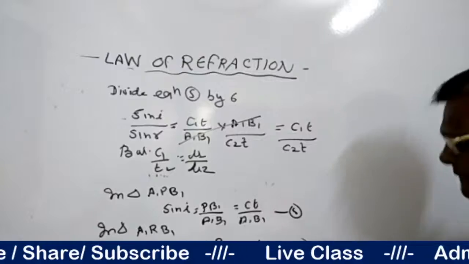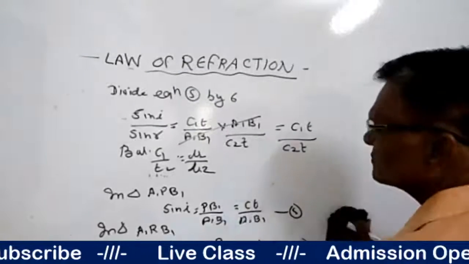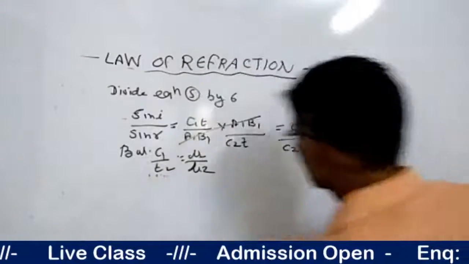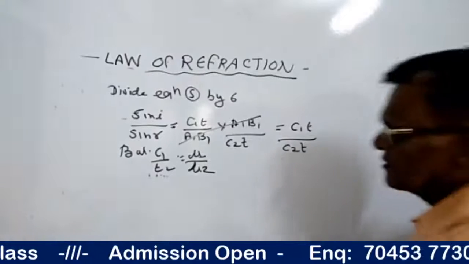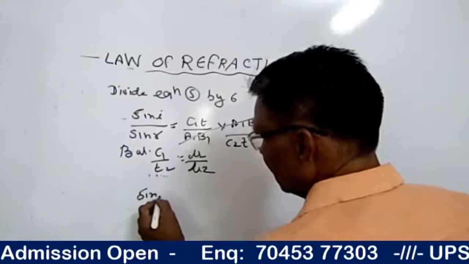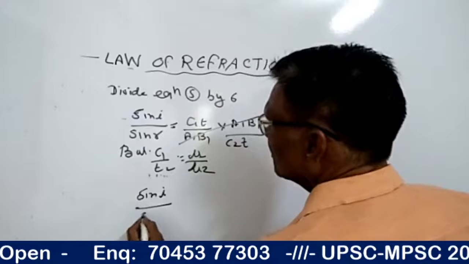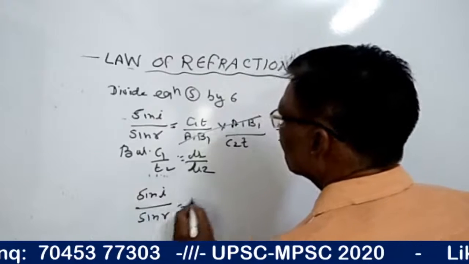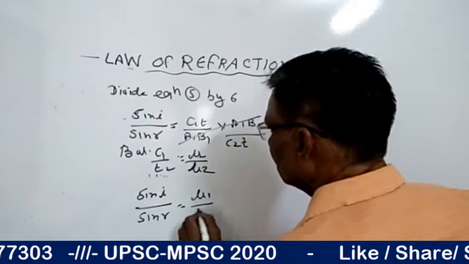Therefore sin i upon sin r equal to mu1 upon mu2.